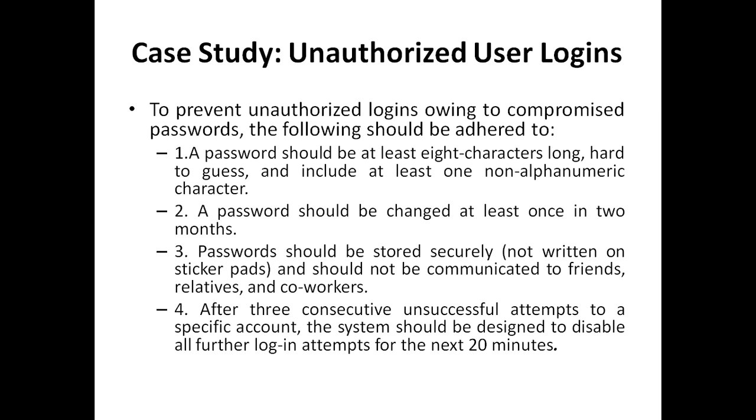Then a case study, that is unauthorized user logins. To prevent unauthorized logins owing to a compromised password, the following should be adhered to. A password should be at least 8 characters long, hard to guess, and include at least one non-alphanumeric character.